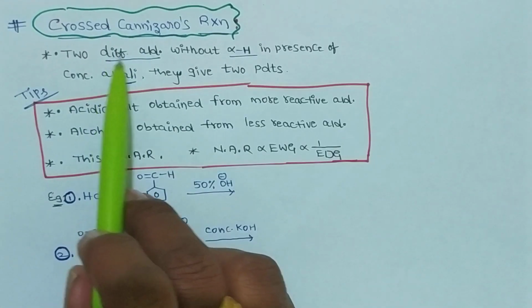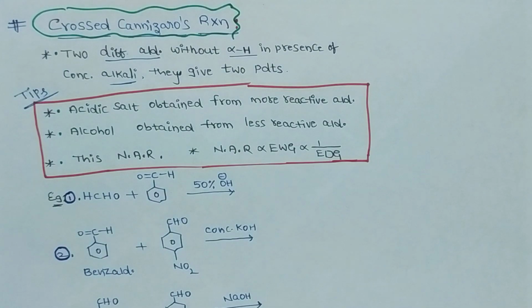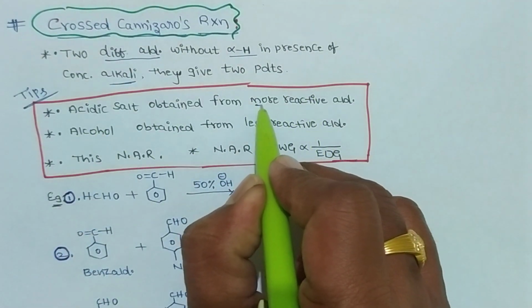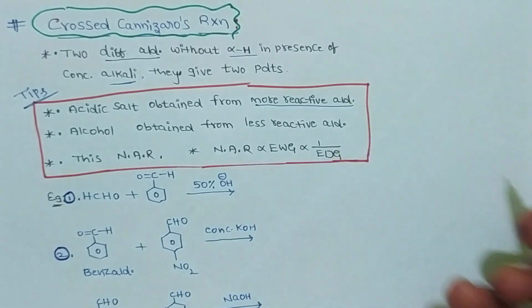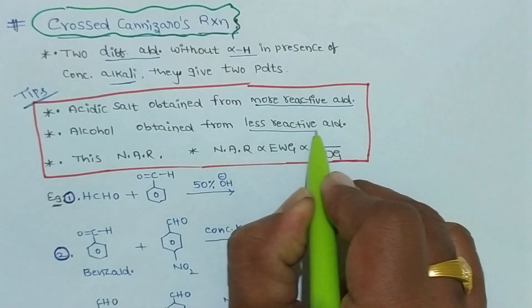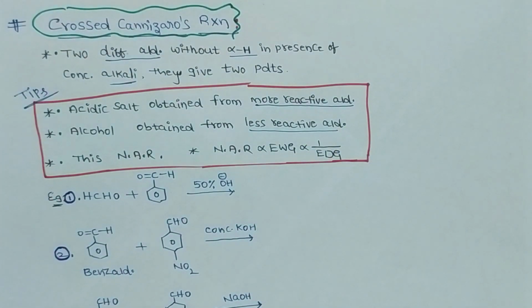Now, what is the tip for this crossed Cannizzaro reaction? Here we are taking two different aldehydes. Which one will give the alcohol product, and which one will give the acid product? The acidic salt is obtained from the more reactive aldehyde, and the alcohol is obtained from the less reactive aldehyde. This Cannizzaro reaction is a nucleophilic addition reaction.